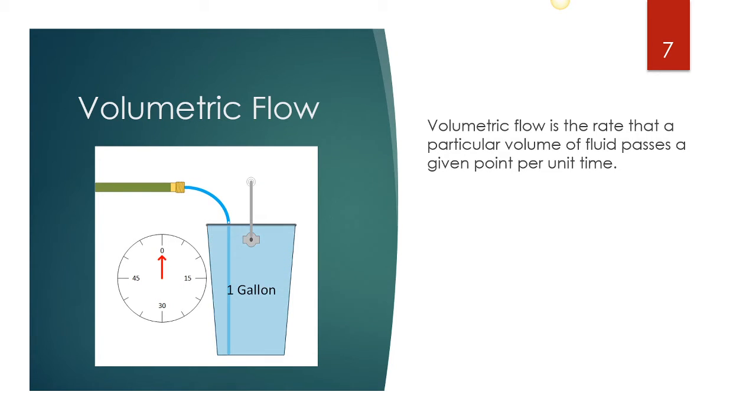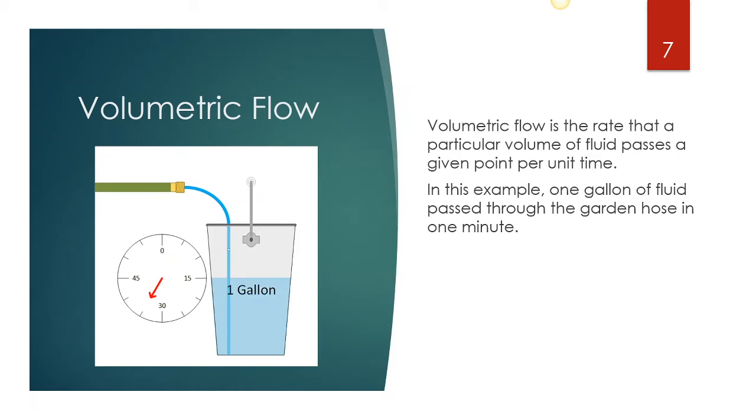If this is water, we could determine how much that would weigh. But if it is something other than water, if we're pumping alcohol or gasoline or something like that, volumetric flow doesn't really take that into consideration. It's just taking into consideration how much space of that liquid you're moving per unit time. Okay, so that's our definition for volumetric flow.